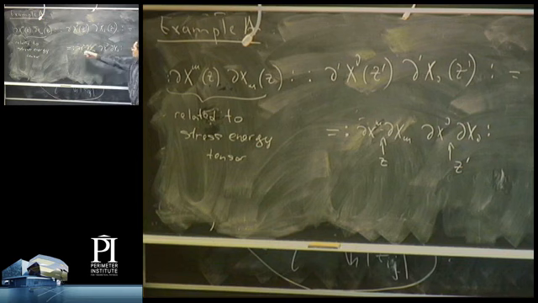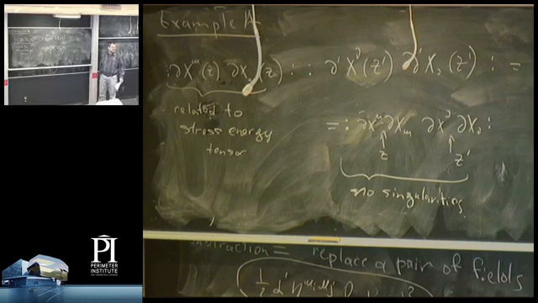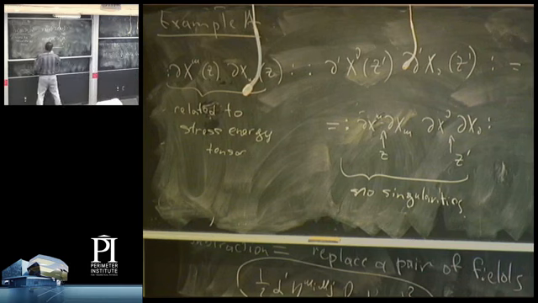Because there is a normal ordering, this guy depends on z and this guy depends on z prime, but there are no singularities in this product. Because of the normal ordering, it satisfies the equation of motion like a classical equation of motion. Okay? No singularities.